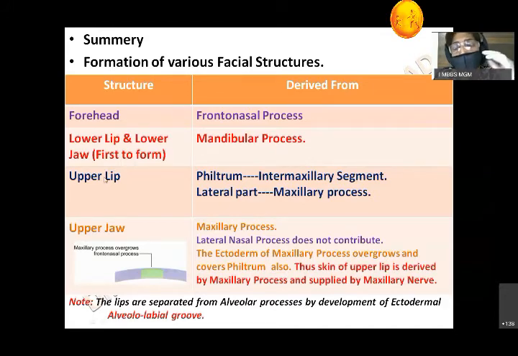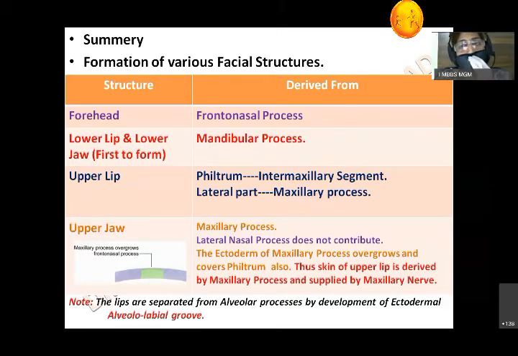But if you want to undergo RC, that is root canal treatment, of the upper jaw, depending on the development, different nerves supply different teeth. And that is why more injections are required to block different nerves.